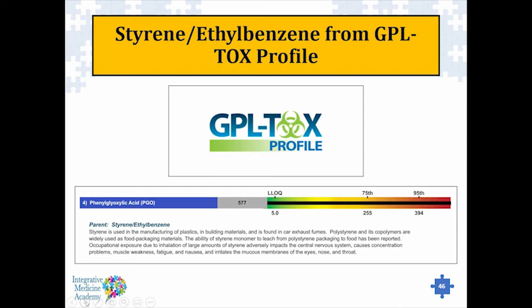What I mean by that is that the organic acid test provides certain markers that are highly suggestive of other problems like chemical exposure. So an elevation of mandelic may be occurring because somebody has a styrene exposure. Styrene is found in plastics and building materials and car exhaust fumes. So the GPL-TOX test becomes a complementary test to the organic acids test.